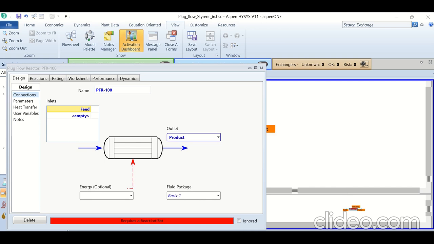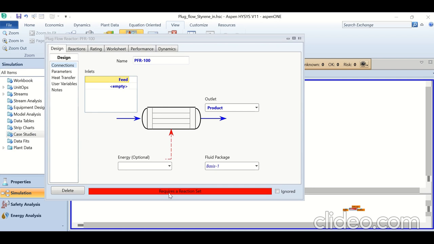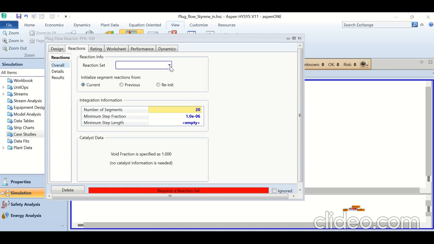Okay, so it is asking for a reaction set. So go to reaction, okay, and reaction set 1.